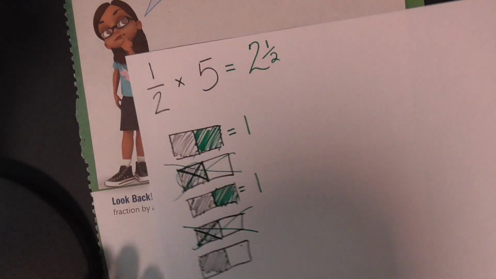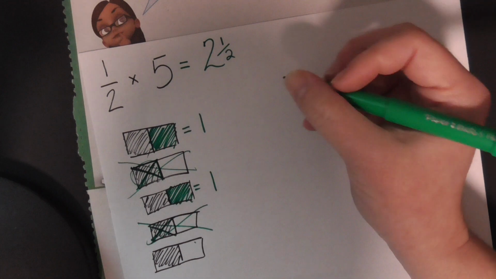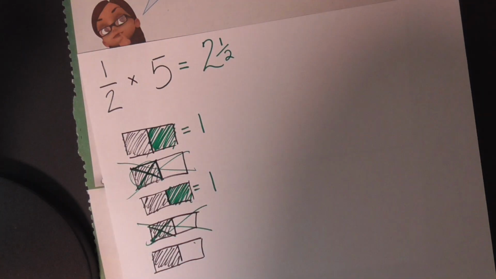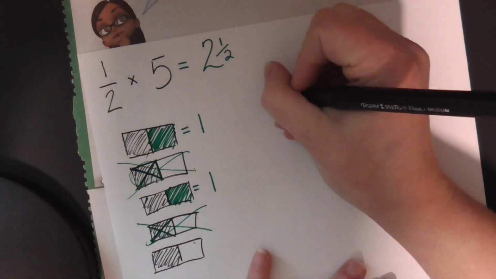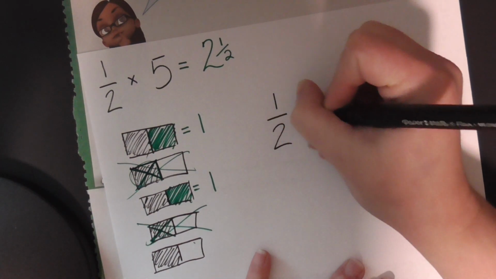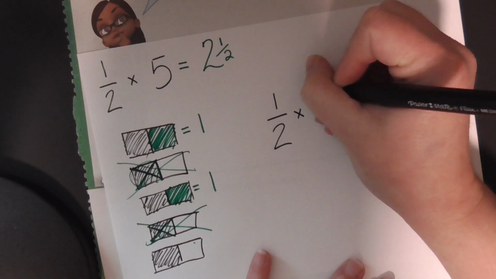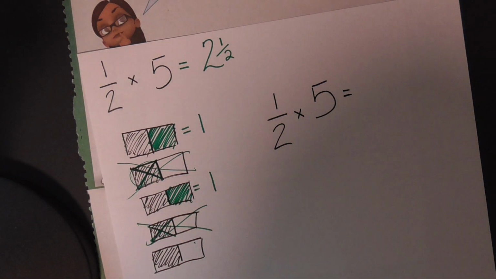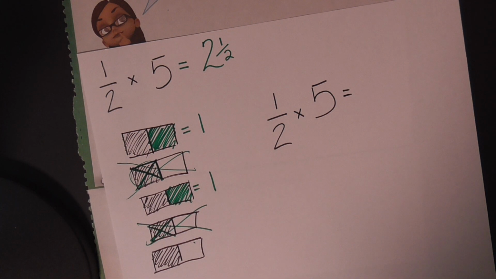Now, I'm going to show you the super secret easy way that you can do this. Are you ready? So if I have the same problem, 1/2 times 5, the super secret way to do this.